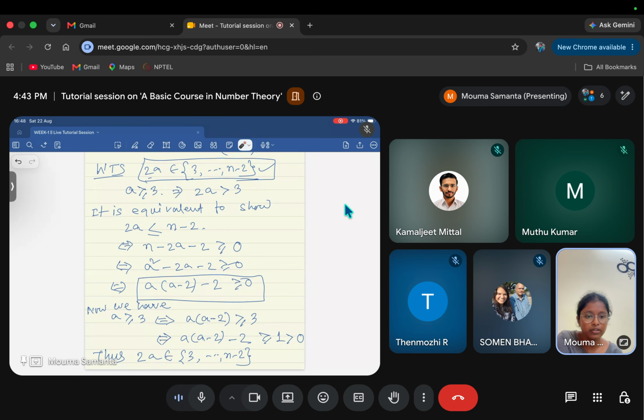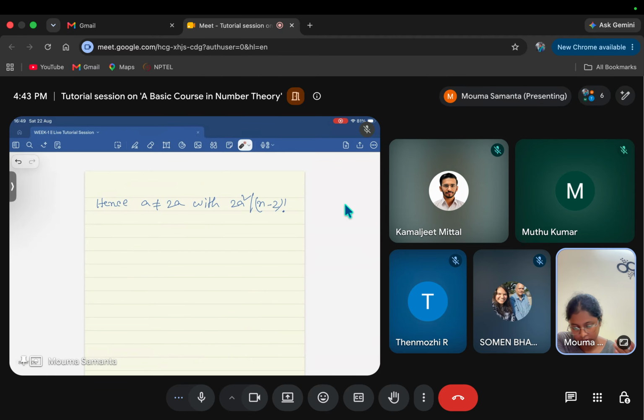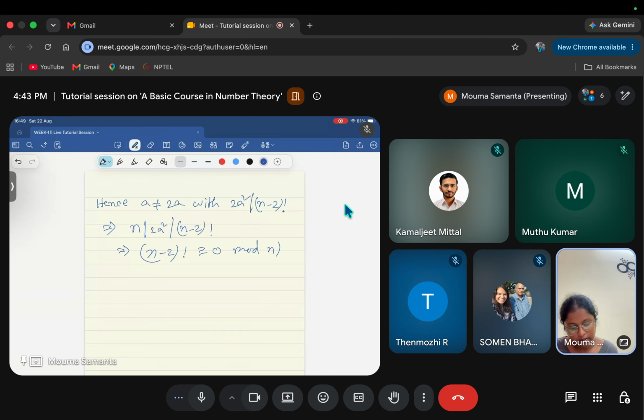So in that way we show our main hypothesis. Hence 2a square divides (n minus 2) factorial, so n divides (n minus 2) factorial, implies (n minus 2) factorial is congruent to 0 mod n, and hence this is a contradiction to the hypothesis.